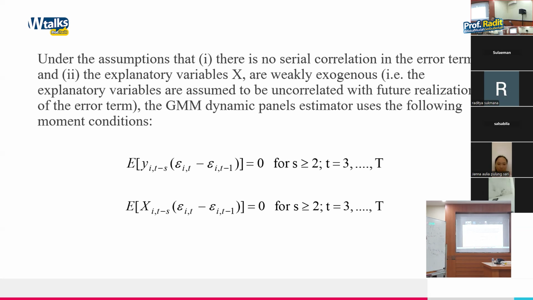So if Y1 is a good instrument for the first difference, theta must be significant, right? But if theta equals 0, it means that the first difference here is not correlated with Y1, and that violates one condition of the instruments.